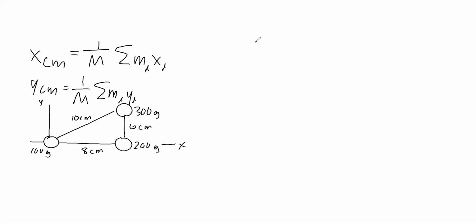So let's calculate that. X_cm is going to equal 1 over 600, since 600 grams is the total mass.